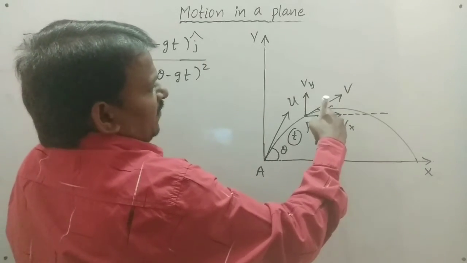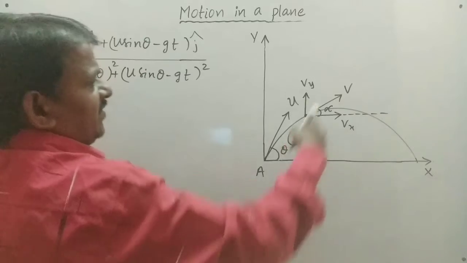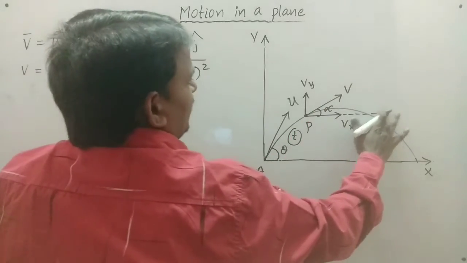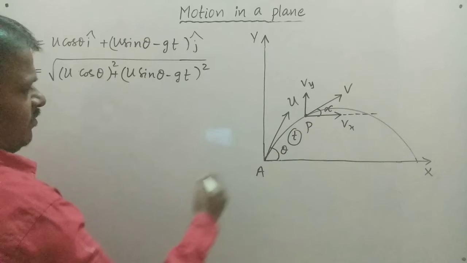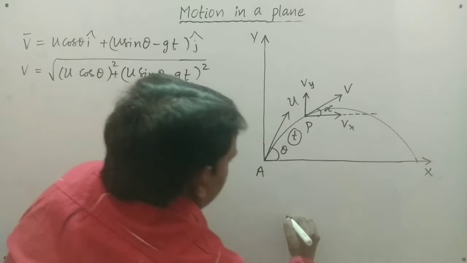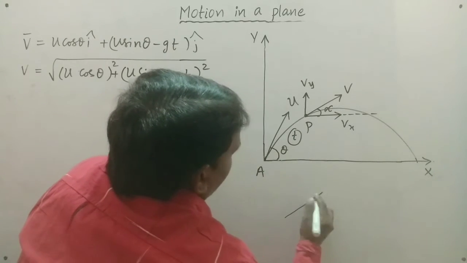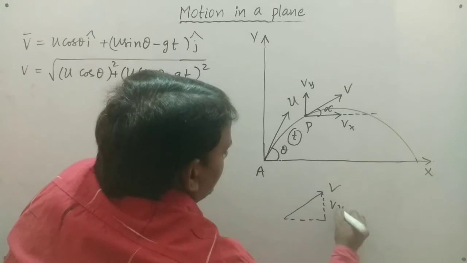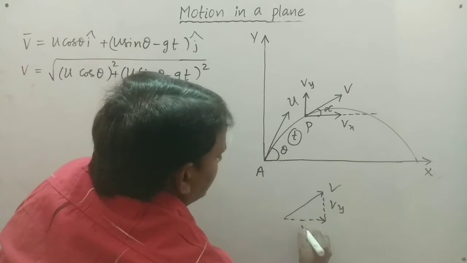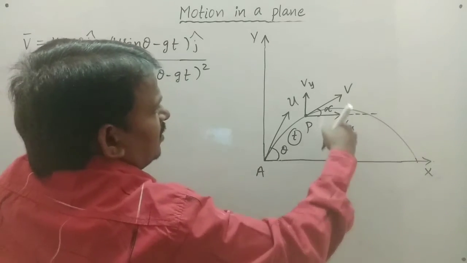So this is the alpha angle between v and the horizontal. We have to find alpha. How to find alpha? You see the small triangle I construct. This is V, and along the horizontal Vx is there, right?